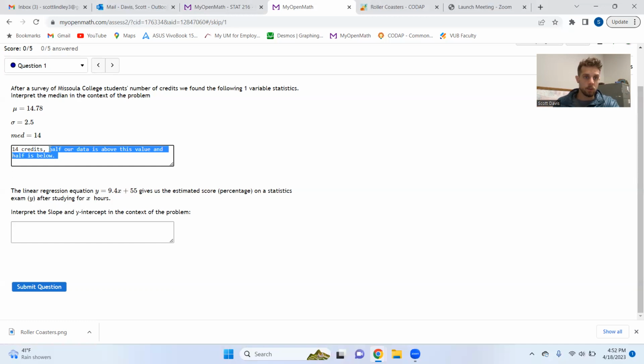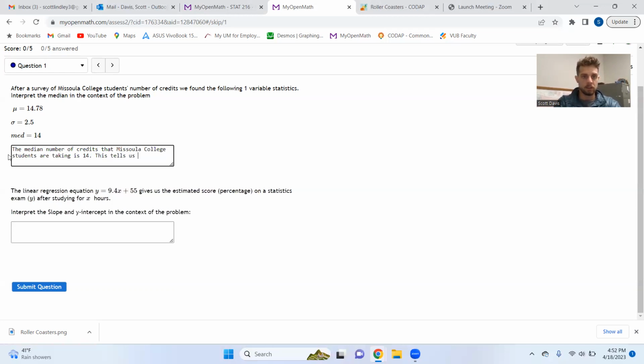So if I wanted full points on this, an interpretation would be a complete sentence like: the median number of credits that Missoula College students are taking is 14.